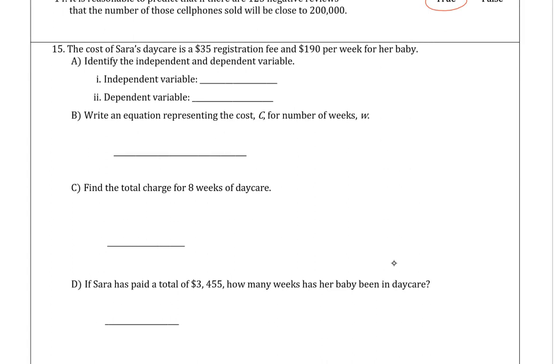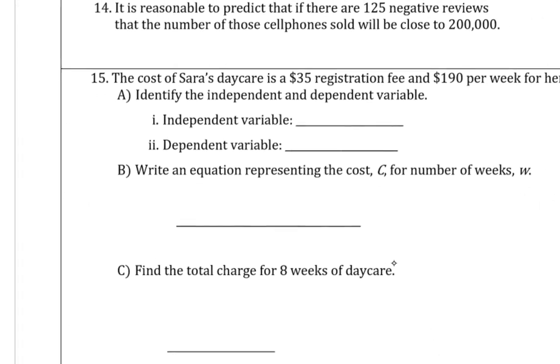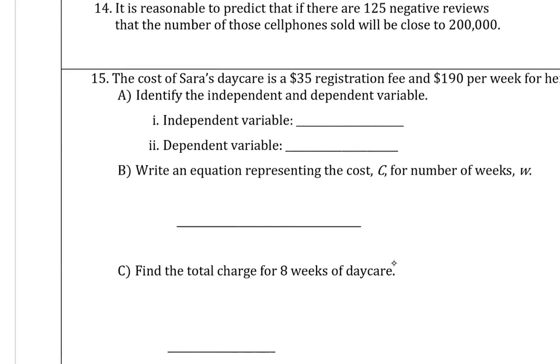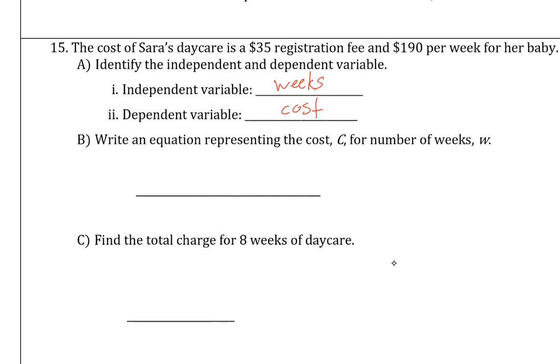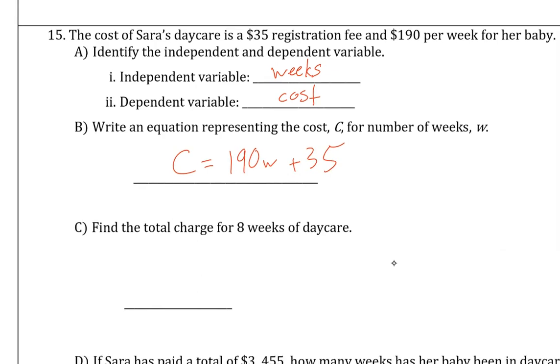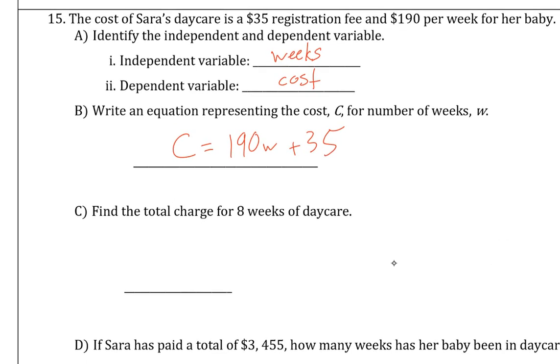Okay. The cost of Sarah's daycare is a $35 registration fee and $190 per week for her baby. Independent and dependent. So here we see that it's how many weeks, right? So the independent is the amount of time, so our weeks, and this would be the cost. So we want C: a 35 fee plus 190 per week W. And find the total for 8.